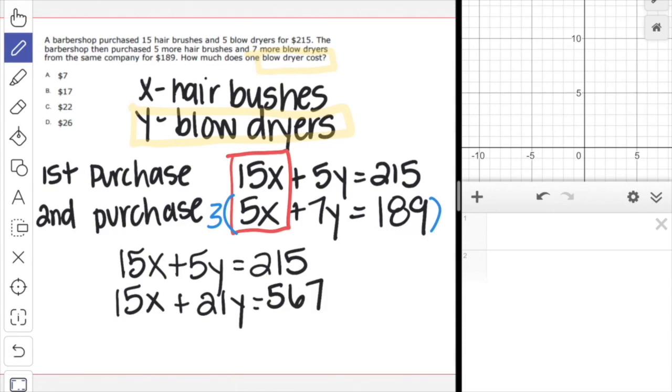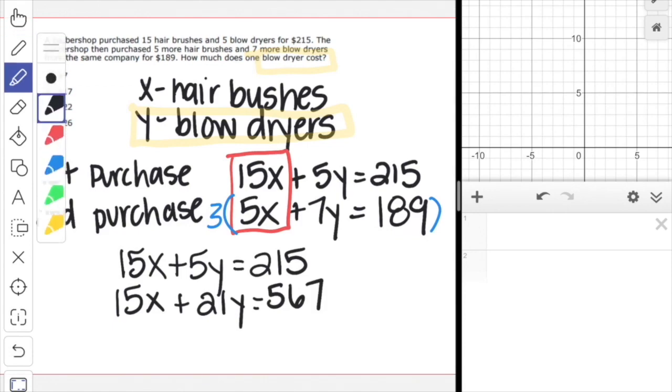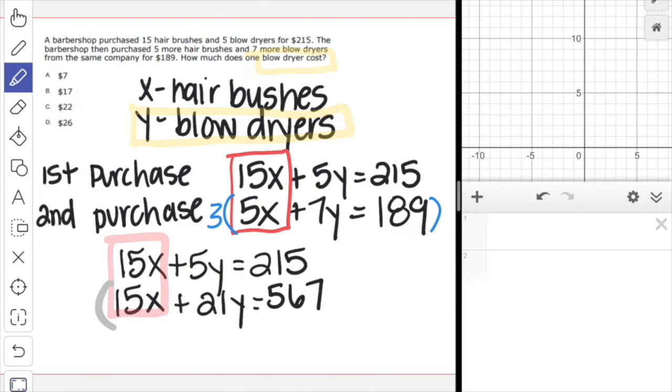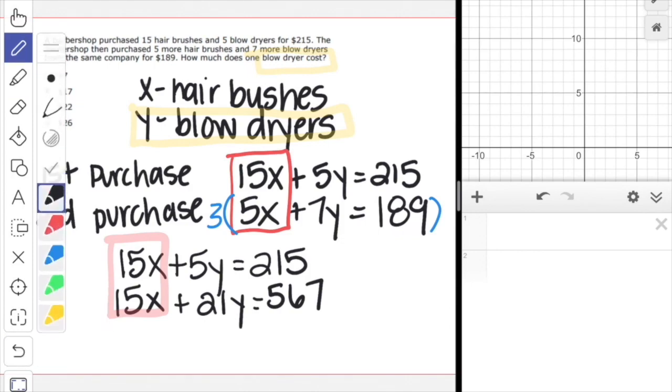So now we do have matching coefficients. And since we have matching coefficients, you need to decide whether to add or subtract. Subtraction is going to be our way to eliminate here. So I'm going to subtract this entire problem.